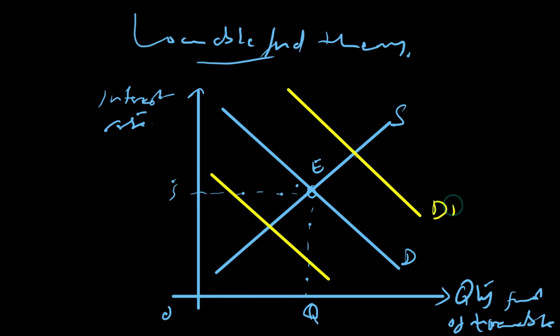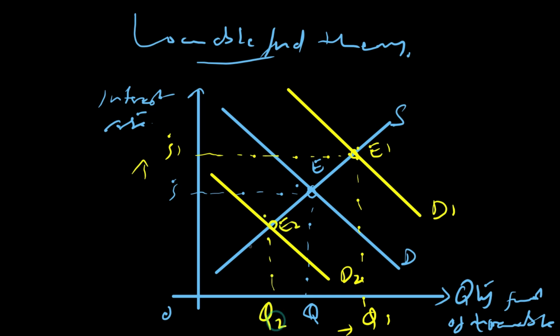So D1 is because of an increase in demand of loanable funds, so equilibrium will move to E1, interest rate will rise to I1, and quantity will rise to Q1. And another equilibrium is at E2, where quantity of loanable funds will fall to Q2, and interest rate will fall to I2.